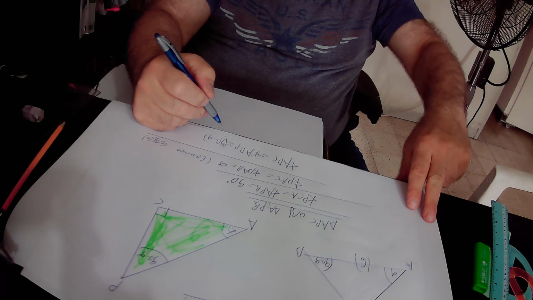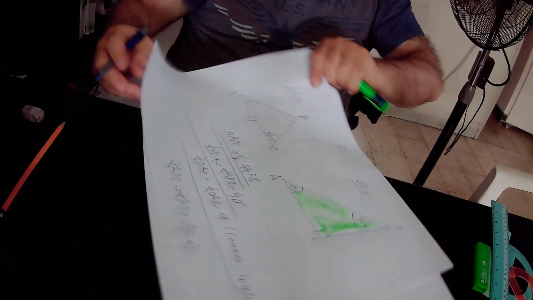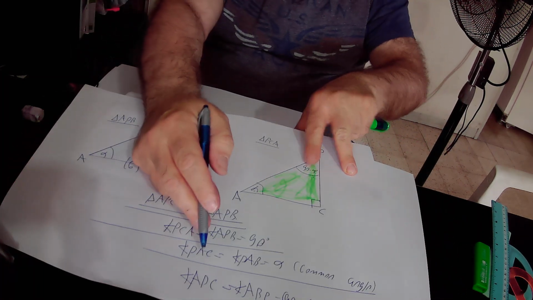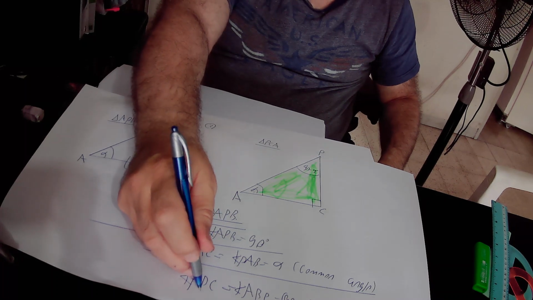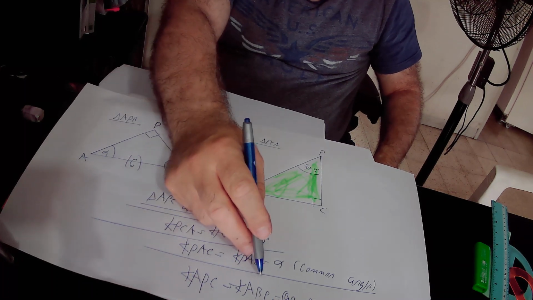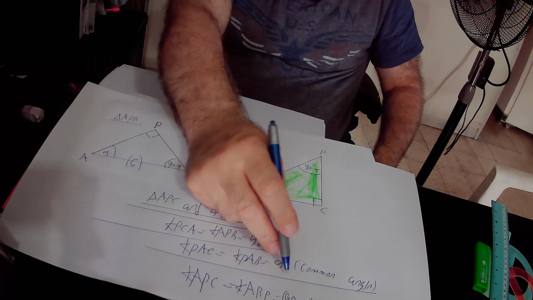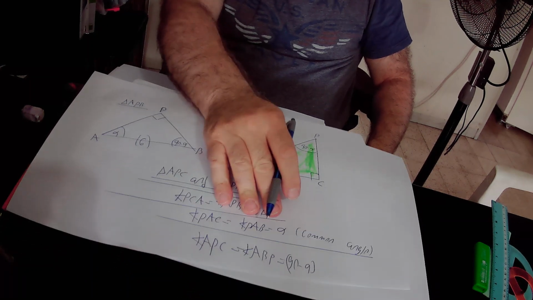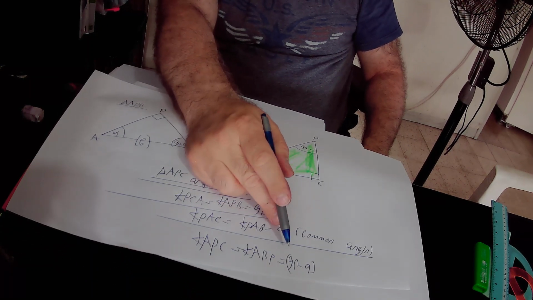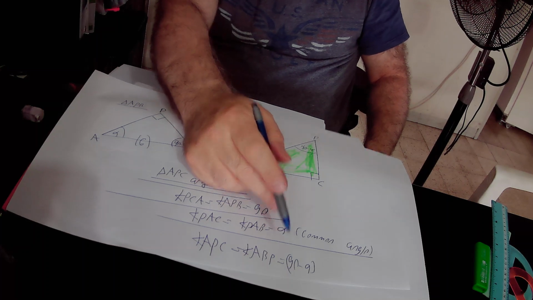Angle APC in the green triangle equals angle ABP in the white triangle. They are both equal to 90 degrees minus alpha, therefore they are equal to each other.